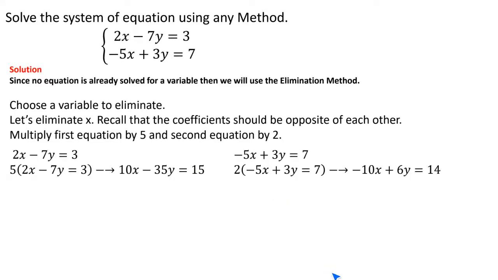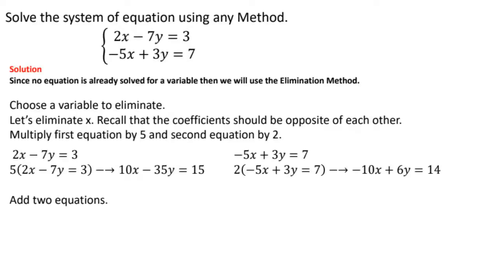Now, the reason I wanted to do that is, notice what's going to happen here. I'm going to have two equations, right? So on the second equation, I'm also going to multiply by a positive 2. So 2 times negative 5 is negative 10x. 2 times 3 is 6y. And 2 times 7 is 14. So notice the number in front of x is a negative 10, and the one over here is a positive 10, and that's what I wanted to have.